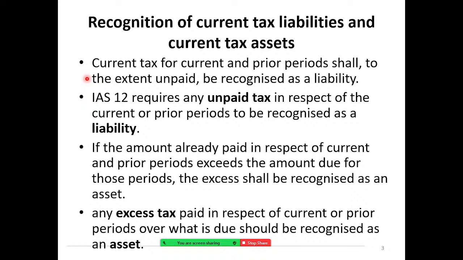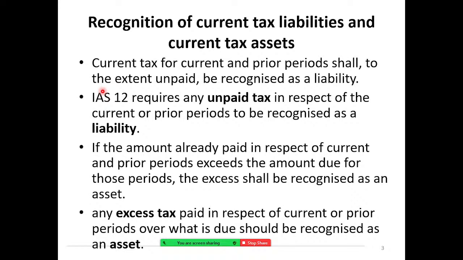So current tax for current and prior periods shall, to the extent unpaid, be recognized as a liability. Here, current tax for this period and the previous period. Say we are in 2021, so income tax for this period and income tax for the last period, sometimes it is unpaid.